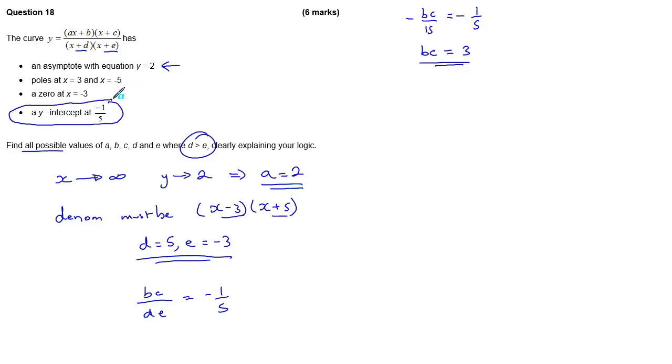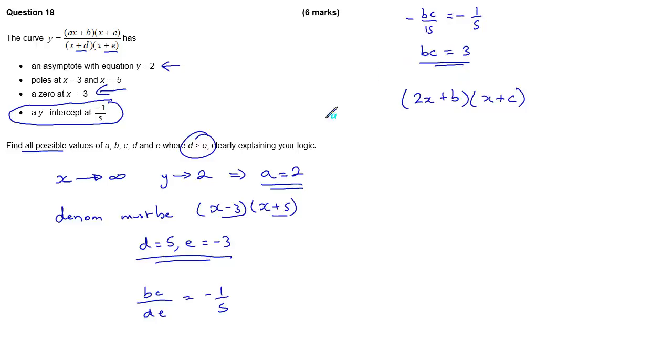So, let's look at the idea of a 0. So what we know is we've got 2x and x here, like so. So this is plus c and plus b.